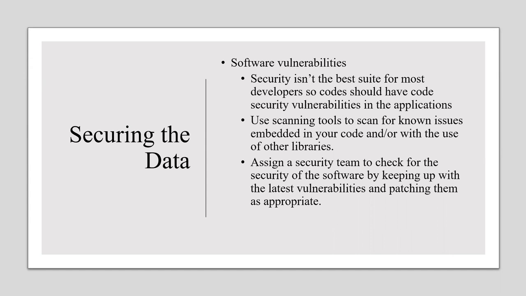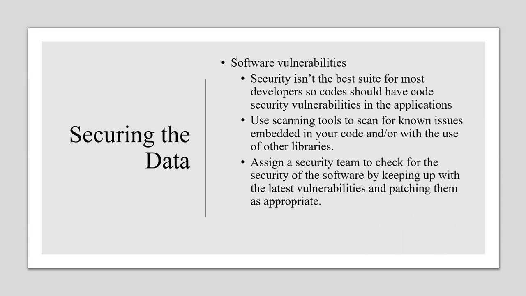for well-known issues. These issues may be embedded in code you have written yourself, or they may involve the use of other libraries. These other libraries are how you end up with everyone else's vulnerabilities. Even software that has been in use for decades may have issues, right?